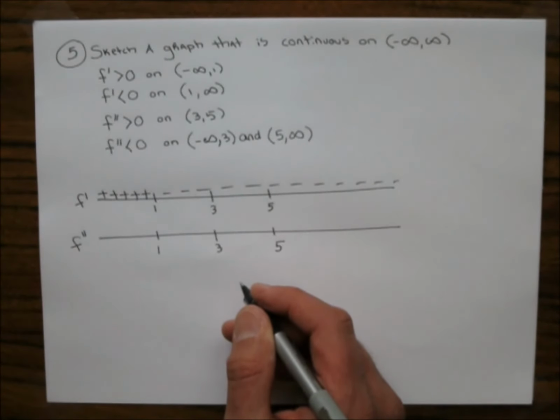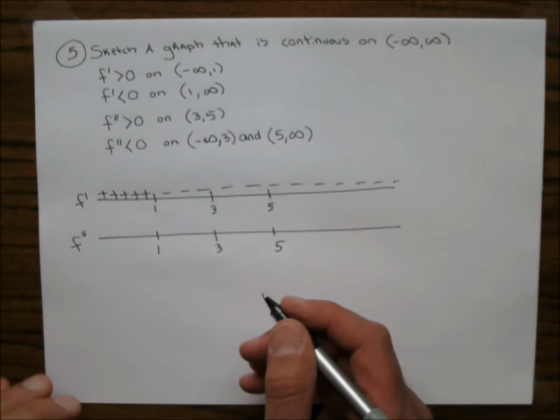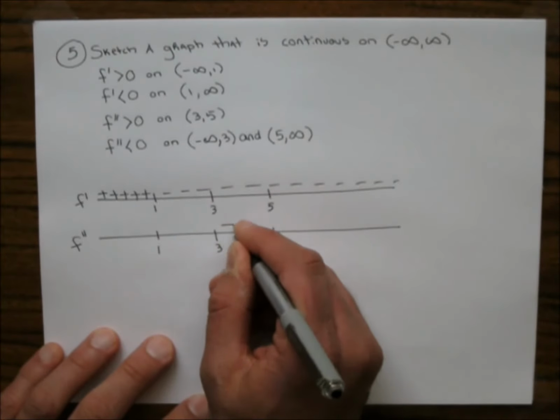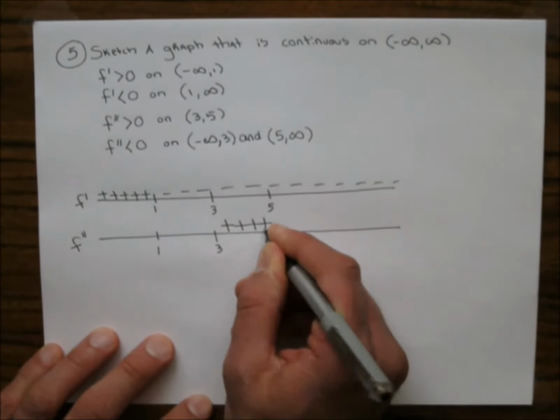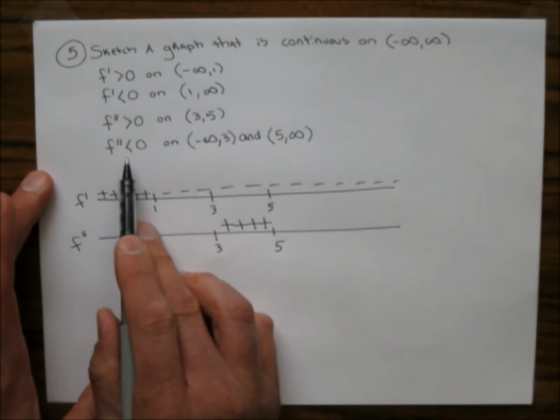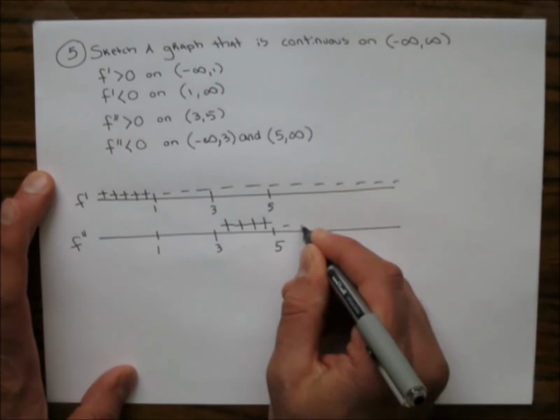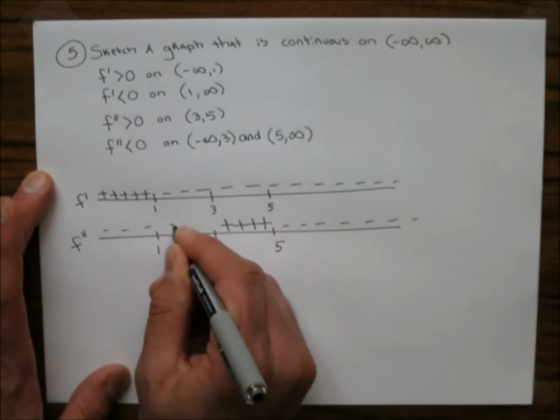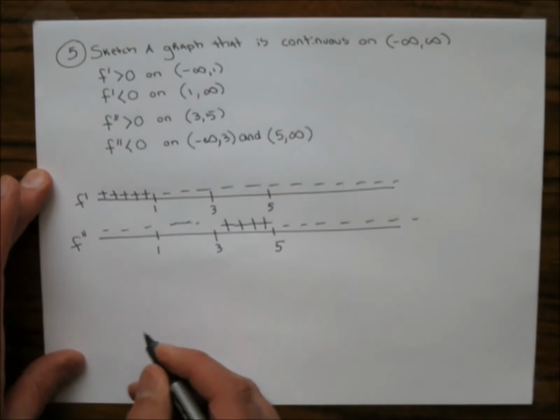So I'm going to go ahead and put pluses there. It's going to be less than 0, or negative, everywhere else. Okay, so those are negatives.